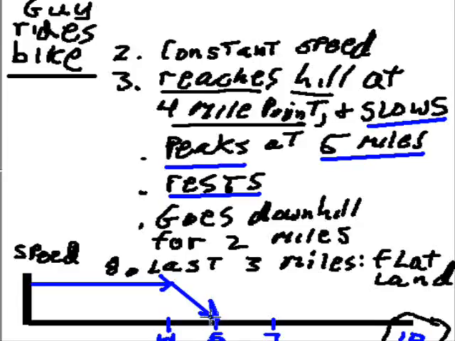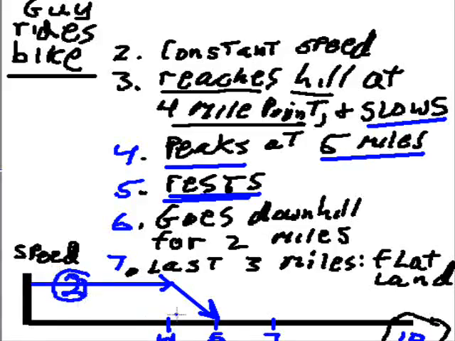He's really slowing down. All right, he hits the top of the hill and he rests. And now what does he do? Well, now, that was 4, 5, 6, and this will be 7. So here he's going at constant speed.